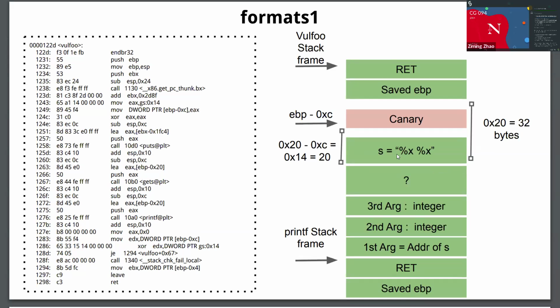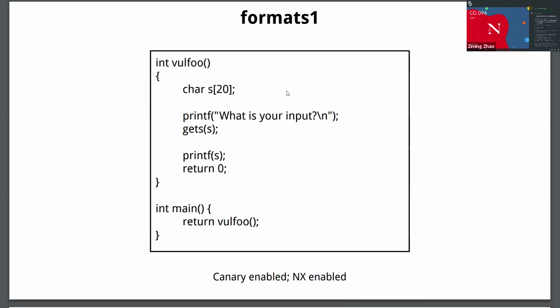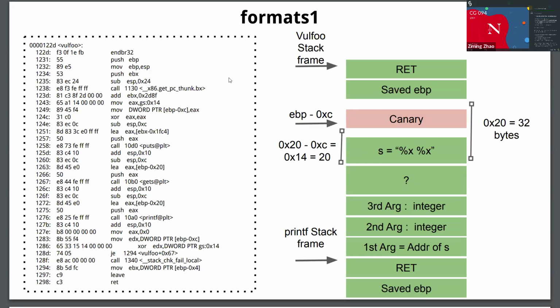When we input %x, space, %x, this 20-byte buffer S will have that string. The S here is a buffer, okay? It will have the value of that string, because we get the value into the local buffer S, not the address of it.